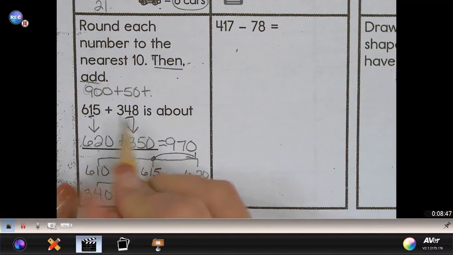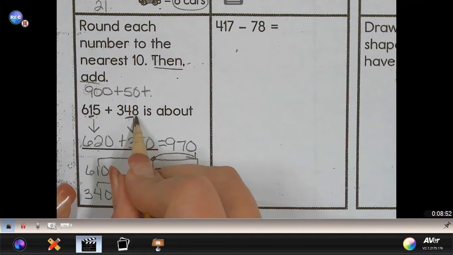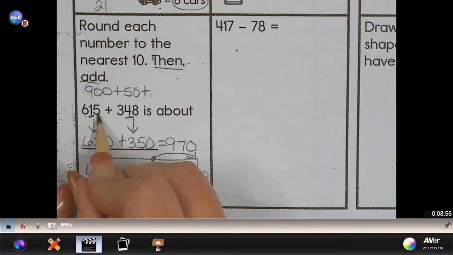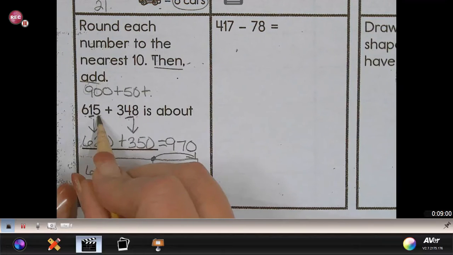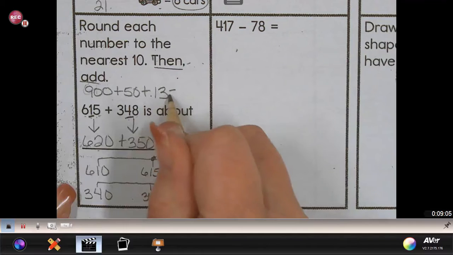And 8 and 5 is going to be 13. And how do I know that? Because if I take 2 from this 5 to make 8 into a 10, that would leave me with 3 more. So this is going to be 13.